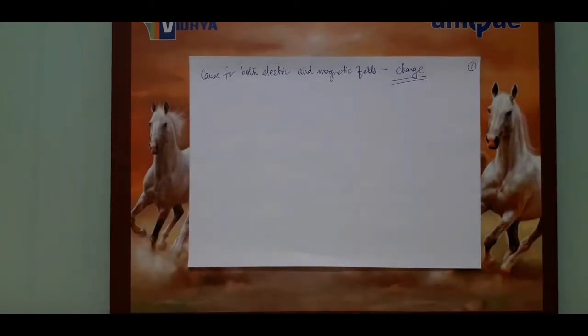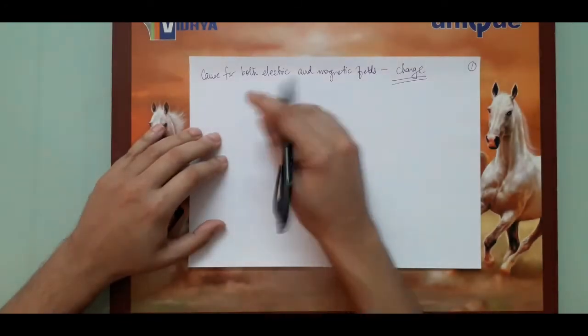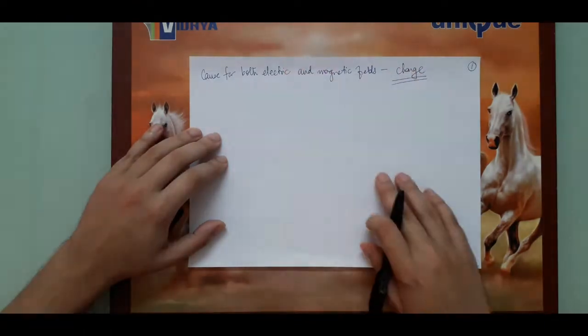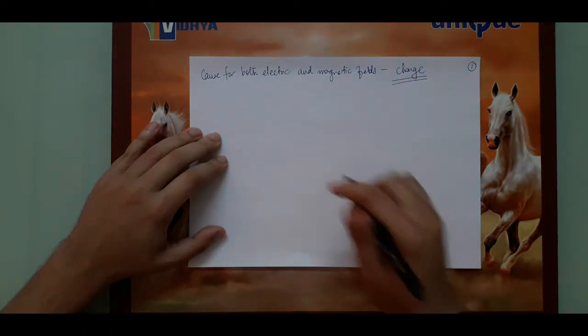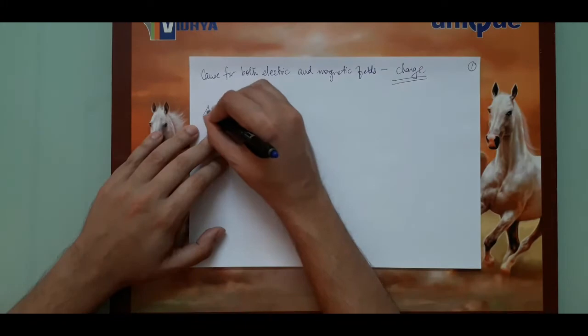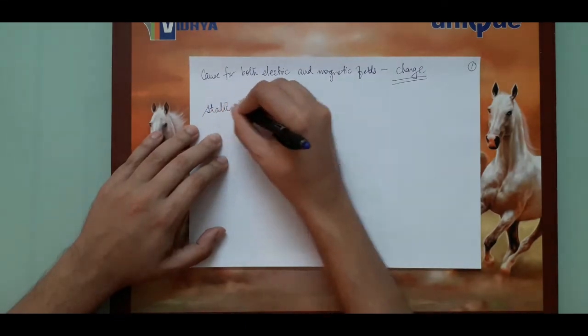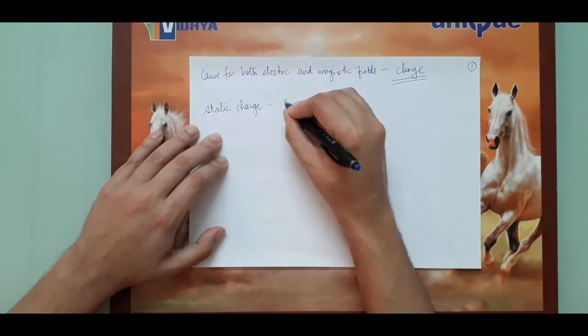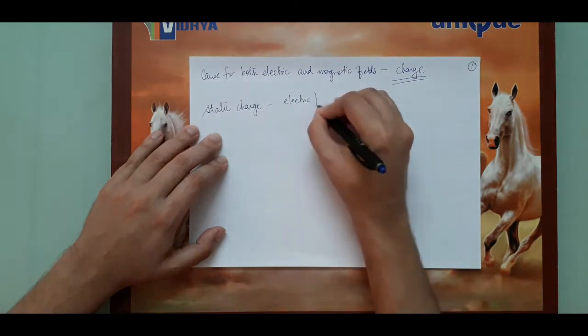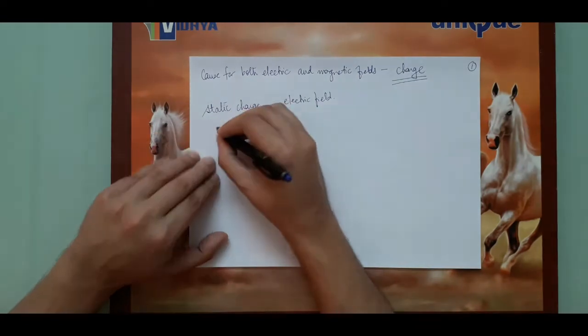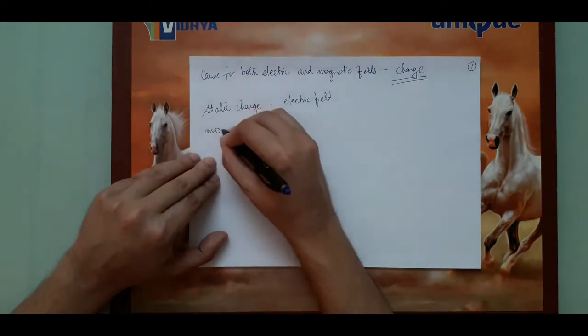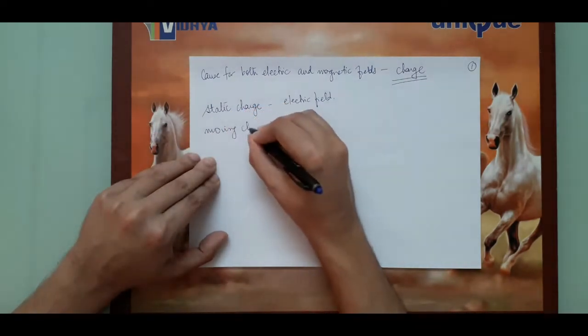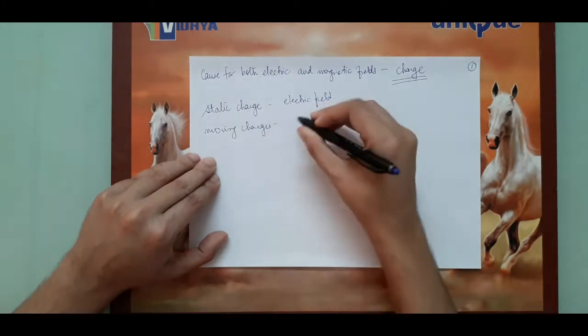So the electric charge is what is behind both of these phenomena. The only difference is that static charge causes electric field and moving charges cause magnetic field.